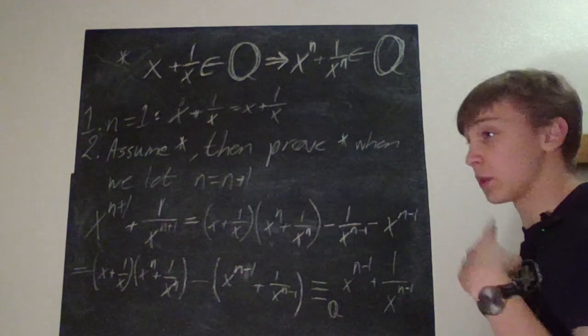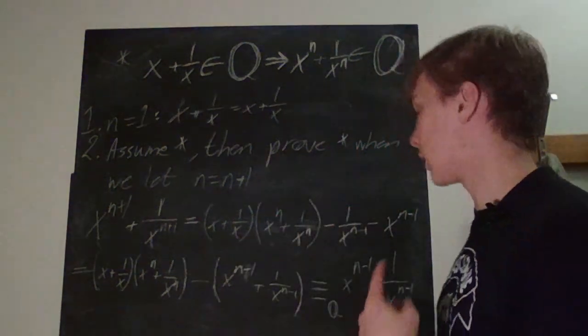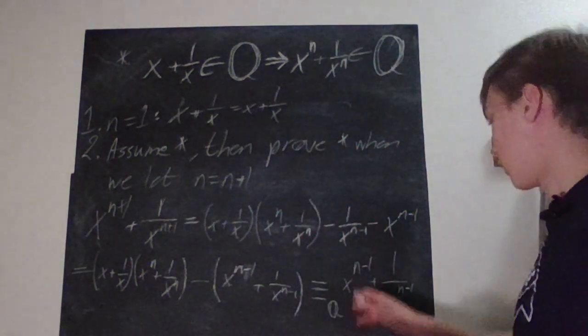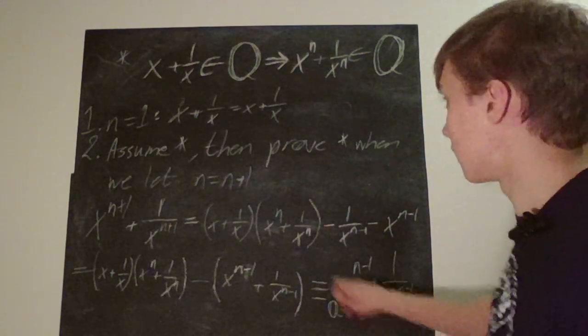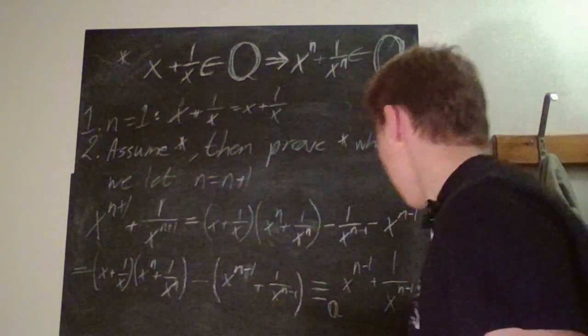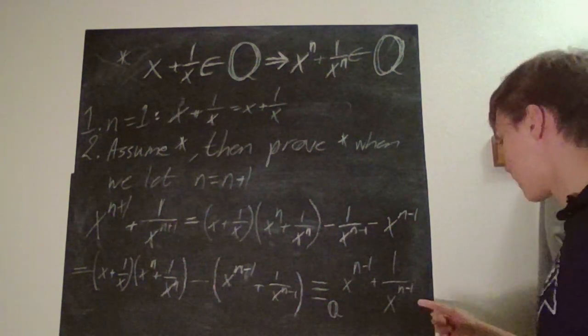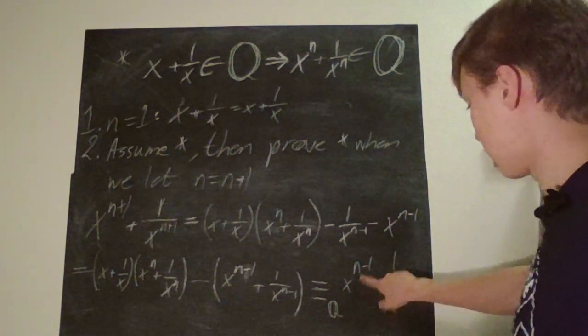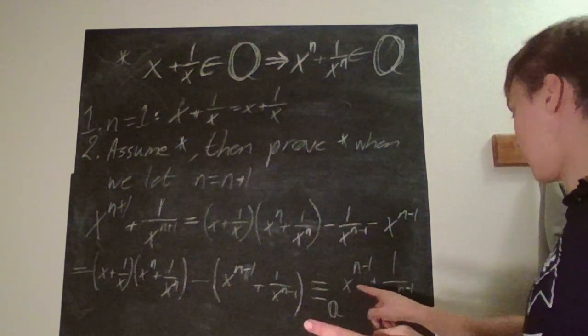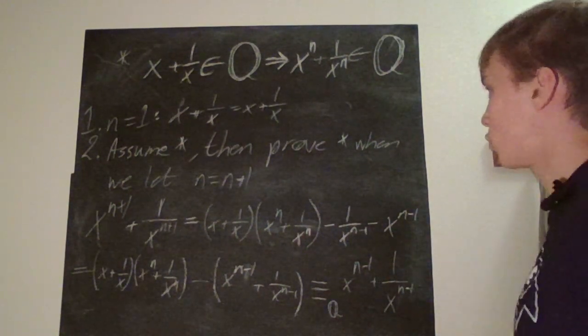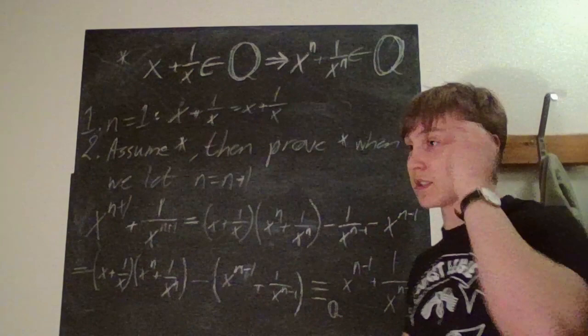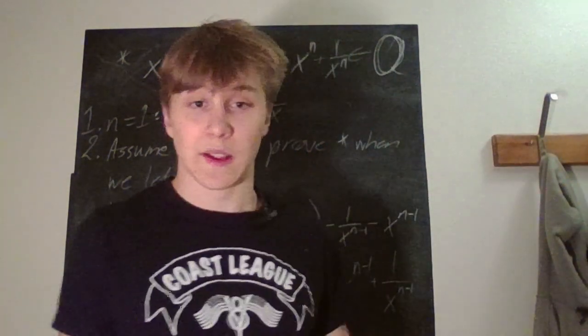So at some point we will end up with a 2 or a 1. If we have a 2 for an n, then we just get this expression. And if we have n equal to 1, then this is x to the power of 0, which is 1, divided by 1. So that's just 2. And both of these are obviously rational numbers.